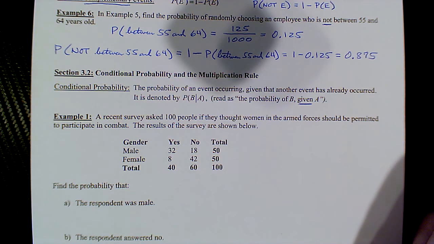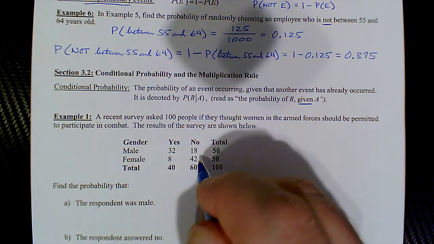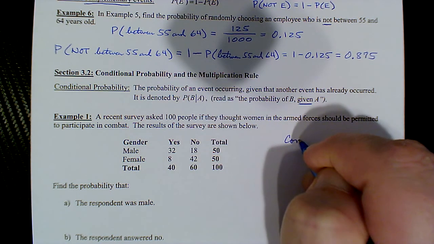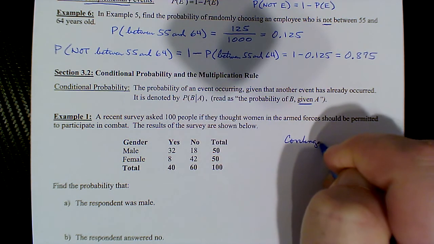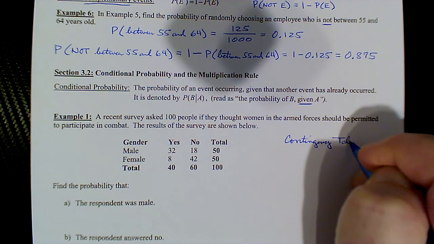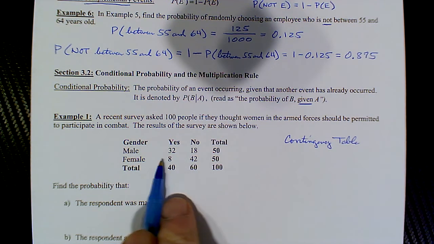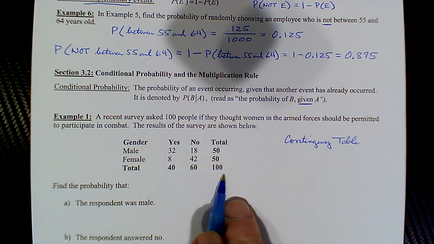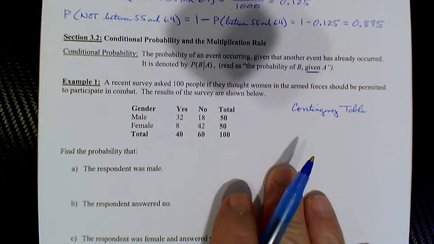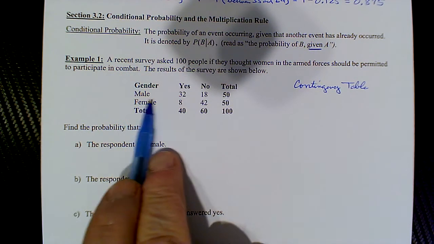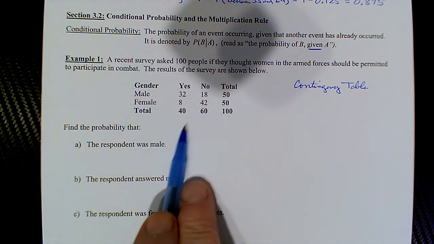And this table is referred to as a contingency table. We have a survey, oftentimes we'll have it tabularized, similar to what we have here. If these totals are not given, you're going to want to sum the rows and sum the columns.